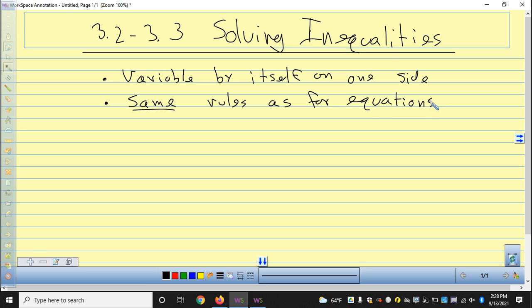So that makes inequalities kind of nice, because everything that we learned about solving equations, the exact same stuff is true. We'll do the exact same things when we solve inequalities.